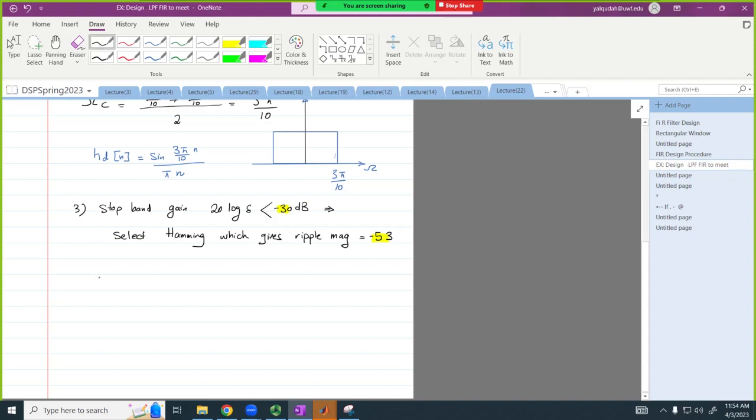Okay, so finally, we need to know how wide the window is, and therefore we need to find n. And to find n, we're going to calculate delta omega, which is equal to omega stop minus omega pass, which is going to equal 2 pi over 5 minus pi over 5.